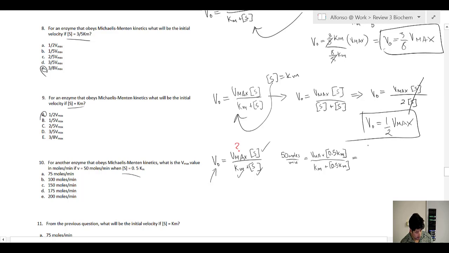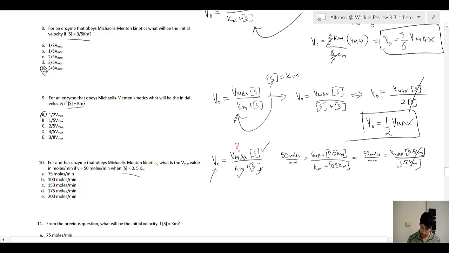So 50 moles per minute is equal to Vmax times 0.5 Km over 1.5 Km.